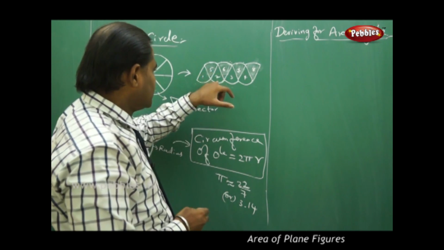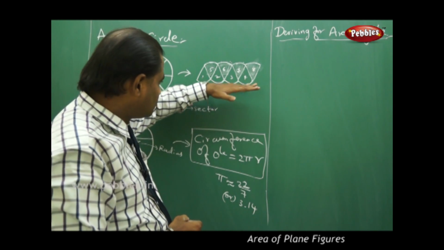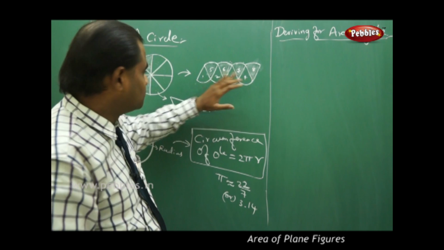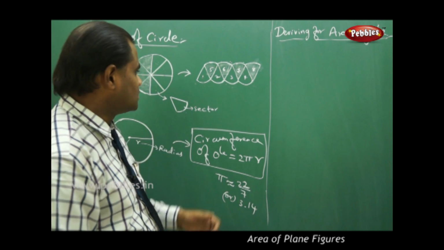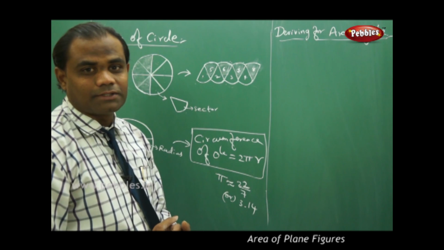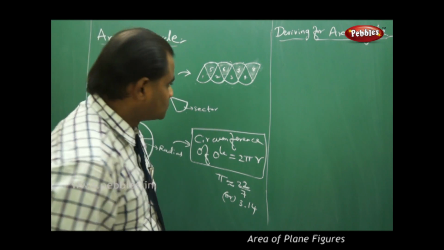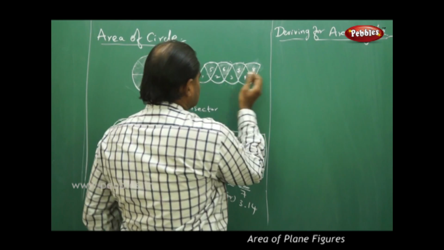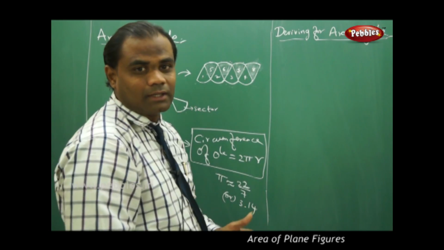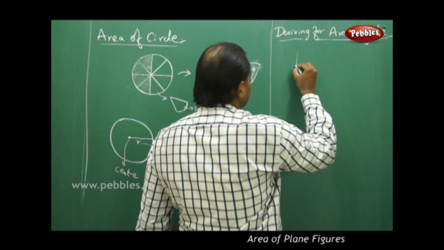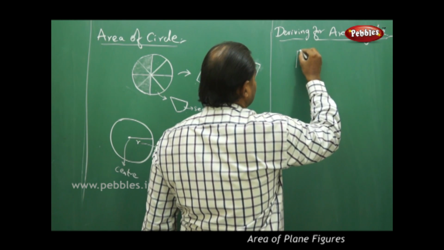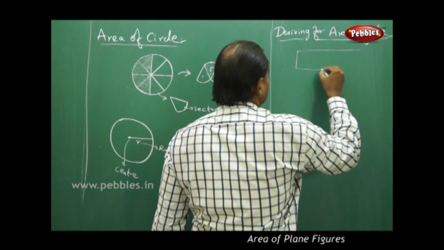Hence, my attempt here is now to find the area of this region, which indirectly would give me the area of the circle. So let's see how I can find the area of the region. If I assume this in a lateral form, it is in a slanting form now, but when I assume it in the lateral form, I get the shape of a rectangle.